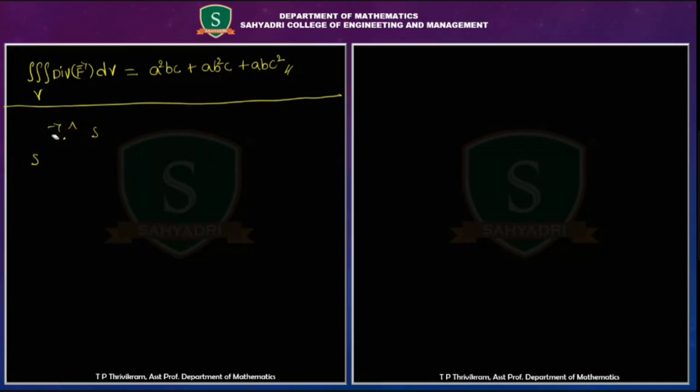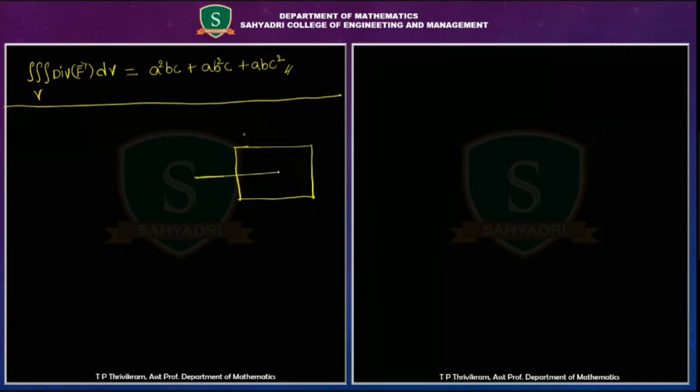Okay. So we'll construct the diagram. Okay. Here I am drawing one rectangle. For surface integral it will be useful. For volume integral only limits is fine. Okay. So I am drawing a rectangular box in 3D mode.